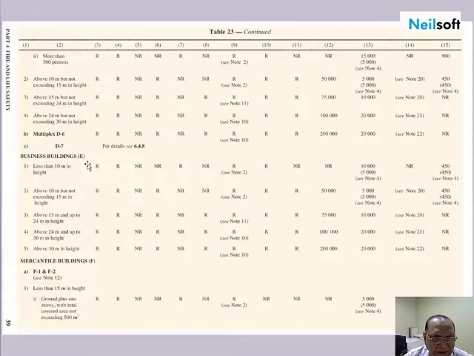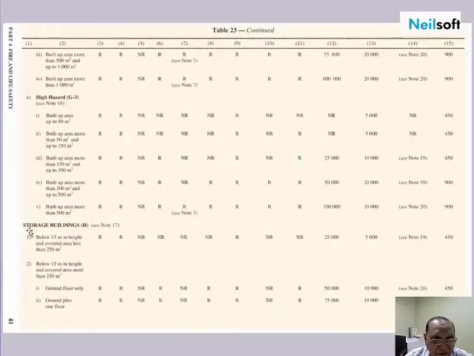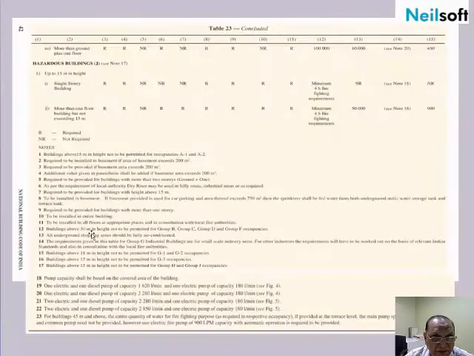And we are seeing these examples like business buildings. These are the subgroup categories and these are the requirements. Mercantile buildings, group F, storage building, group H, and what we see over here.